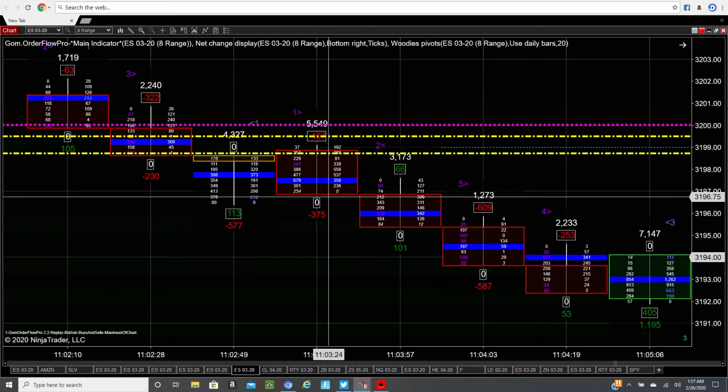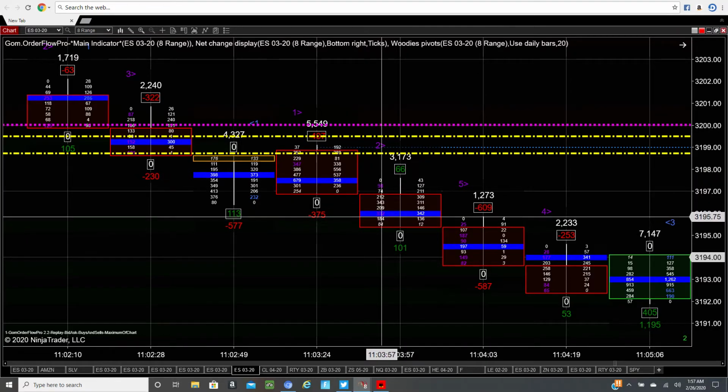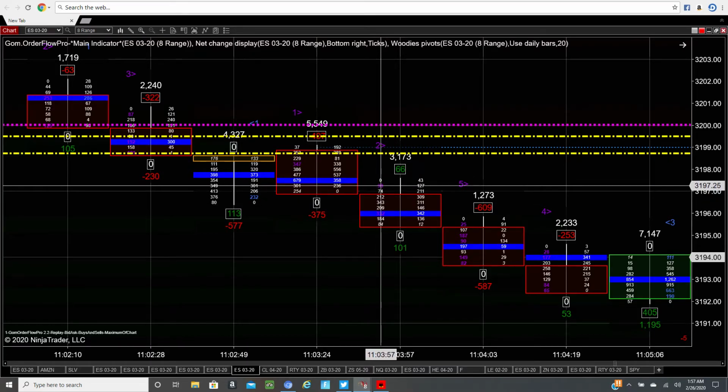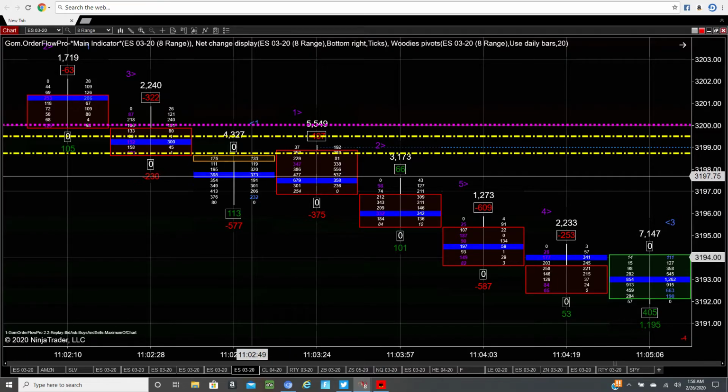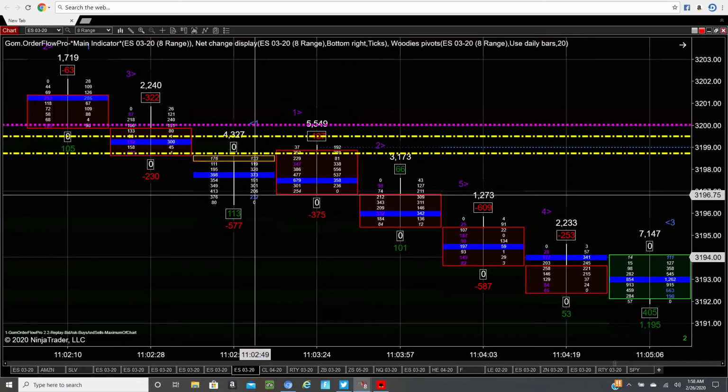Okay? We want the negative imbalances on the bid side to be near the top of the candle, and we want the positive imbalances on the offer side to be near the bottom.